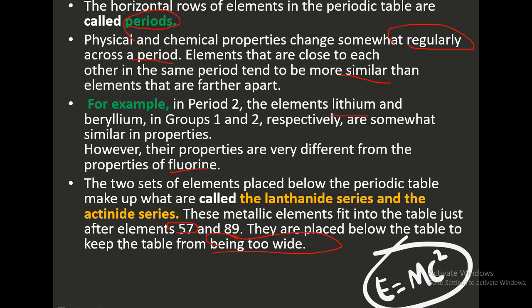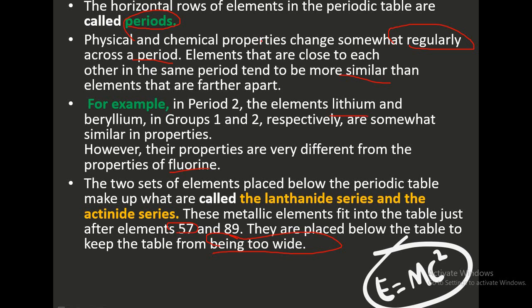So the physical and chemical properties of elements in the same period change somewhat regularly across the period.